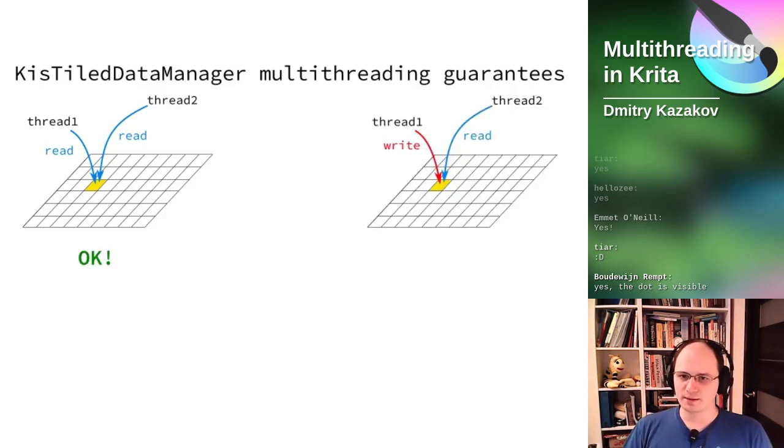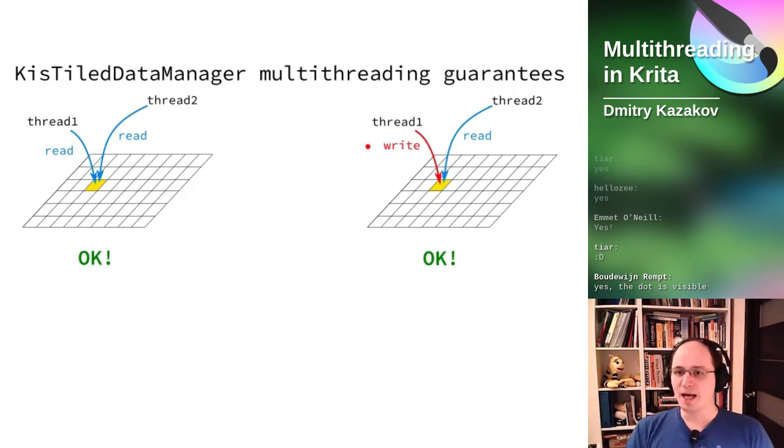And this case is a bit tricky. One thread writes into a pixel, and another thread reads from this pixel. This is also safe, but it might be a bit tricky, as you may guess, because in this example, thread 1 will write its data into the pixel correctly.